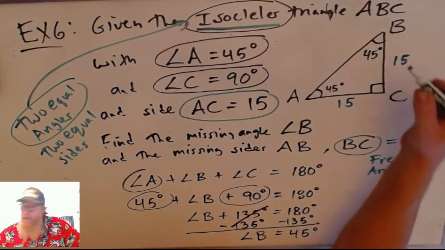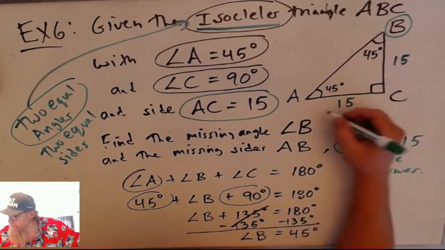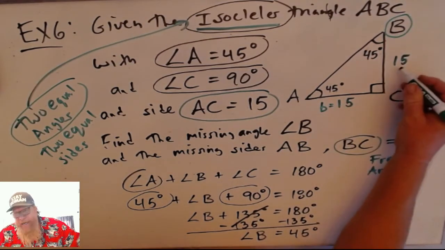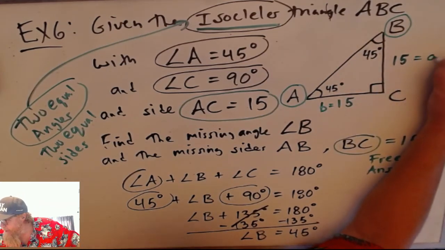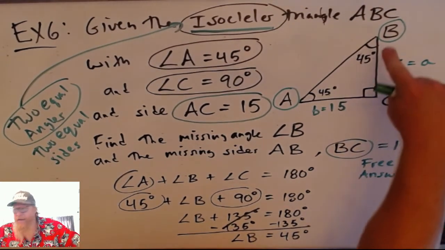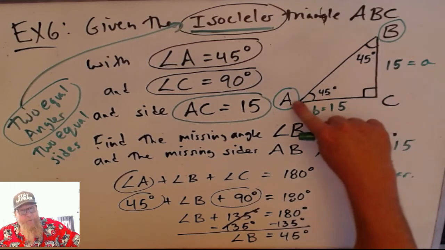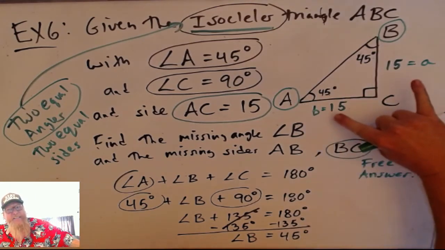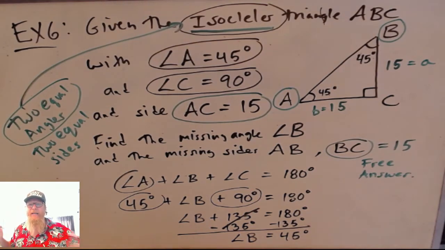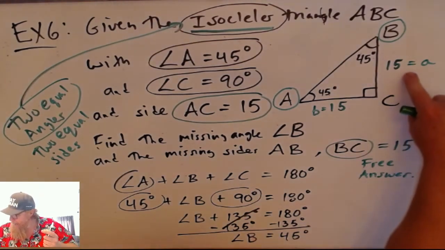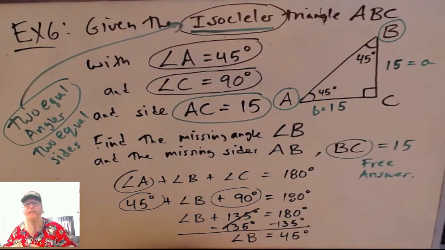If this is capital B, well, then down here is lowercase b. And if this is capital A, then over here is lowercase a. And so if angle B is equal to angle A, well, that means side lowercase a would be equal to side lowercase b.